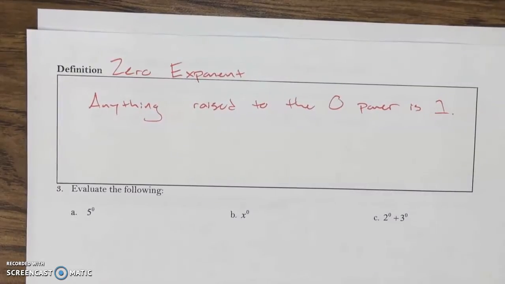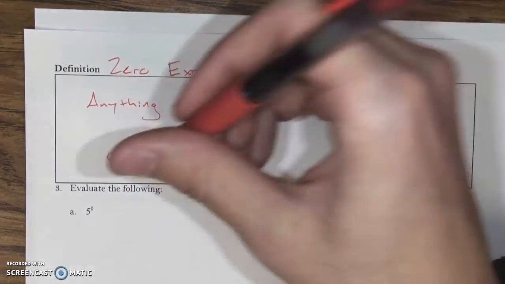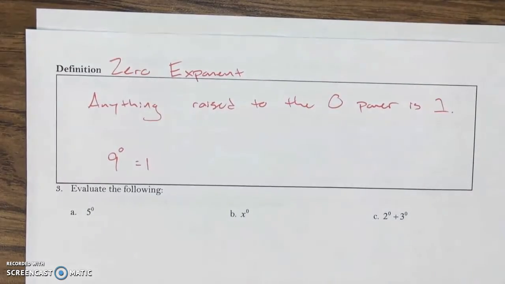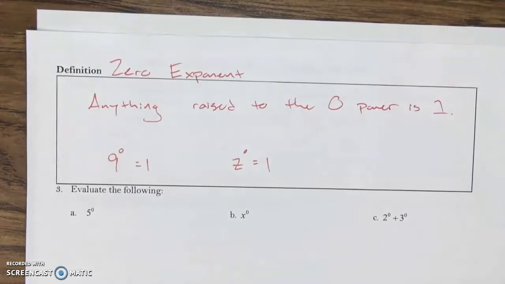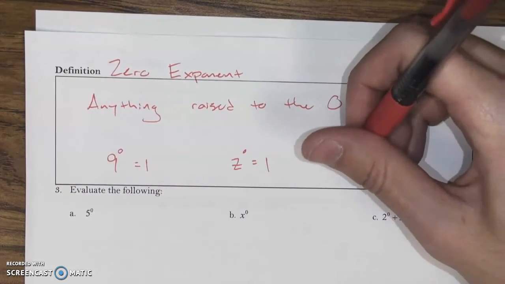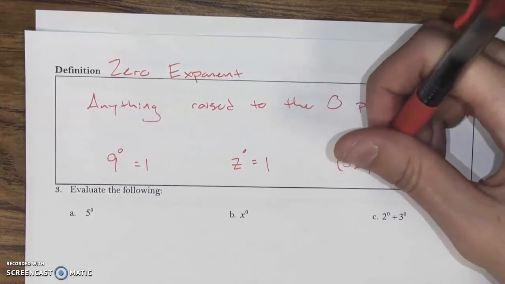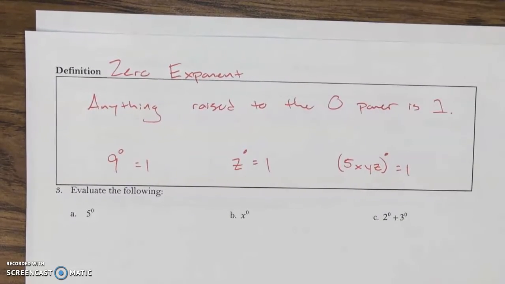It's that simple. So an example, 9 to the 0 is 1. Z to the 0 is 1. We can even group entire terms together. So if we have 5xyz, if that's all raised to the 0, that's equal to 1.